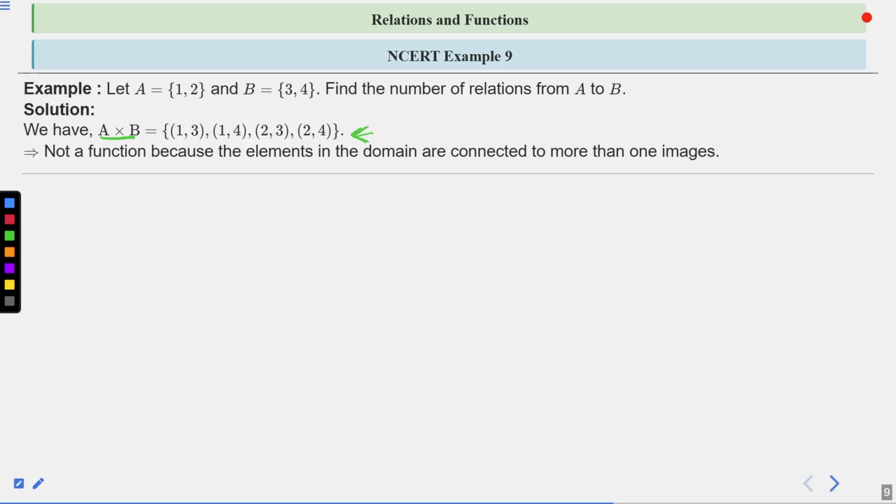No, not a function. Why? Because this element 1 is associated to more than one image, simply not having exactly one image. So this element 1 having more than one image, not satisfying the function definition. Clear? Is it clear?